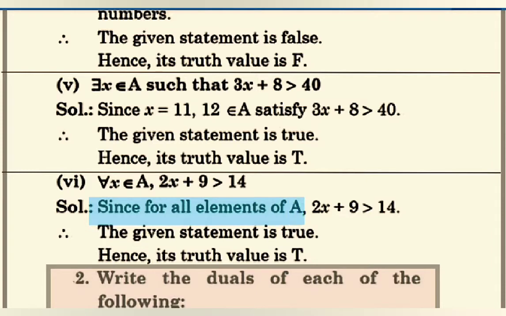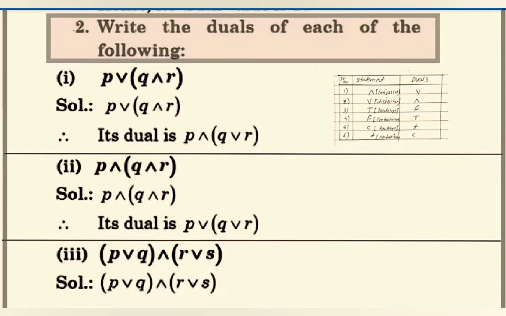Since for all elements of A, 2x plus 9 is greater than 14, the given statement is true and hence its truth value is T. When we put the value of x as 3, 5, 7, 11, 12, check this and we can say that the given statement is true.